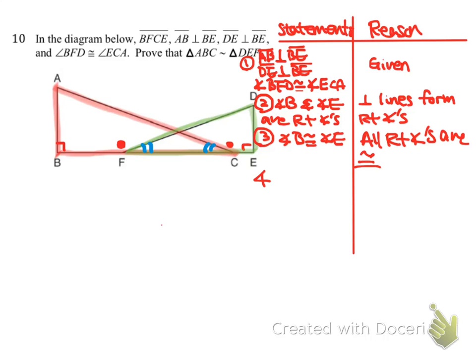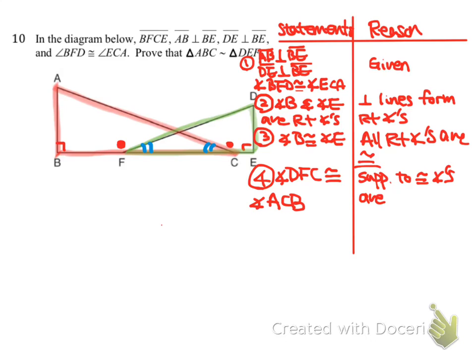Alright, step number 4, we can say angle DFC is congruent to angle ACB. Why? Because supplementary to congruent angles are congruent.